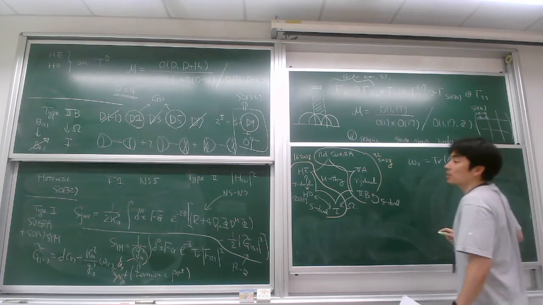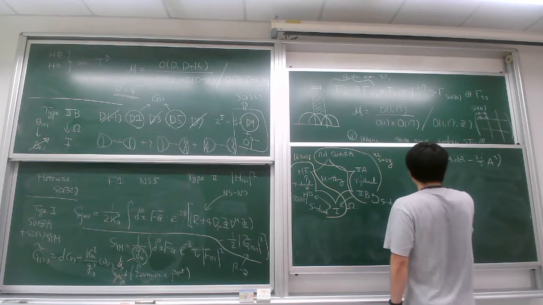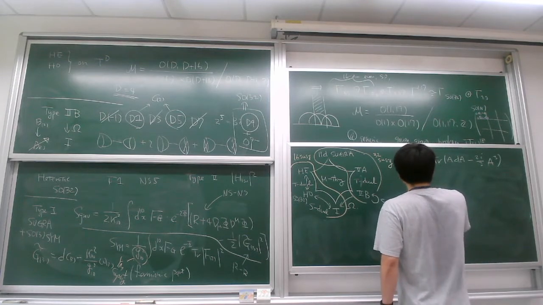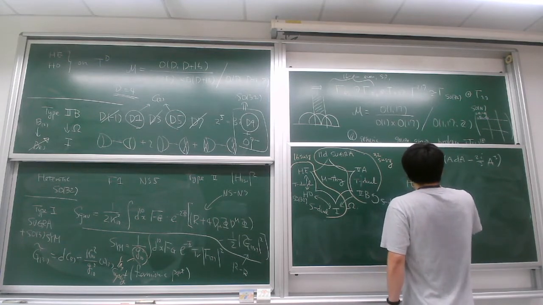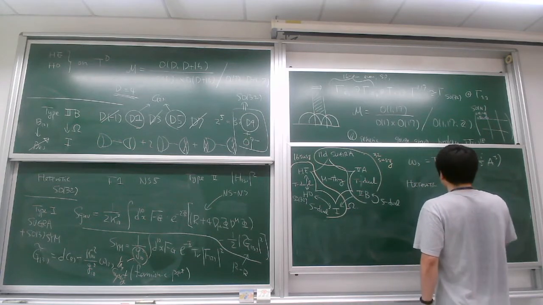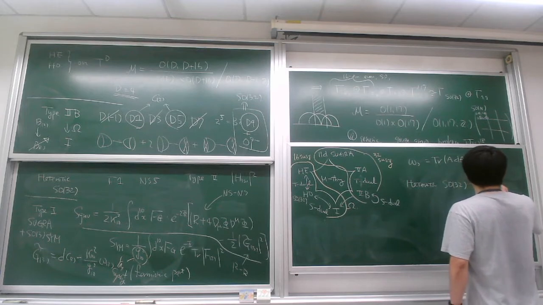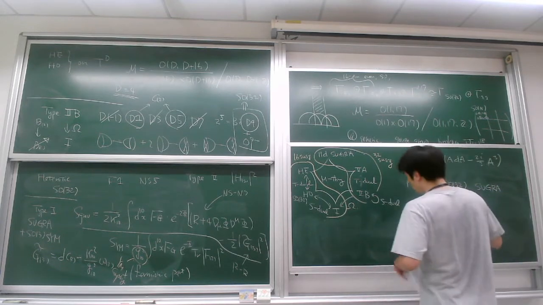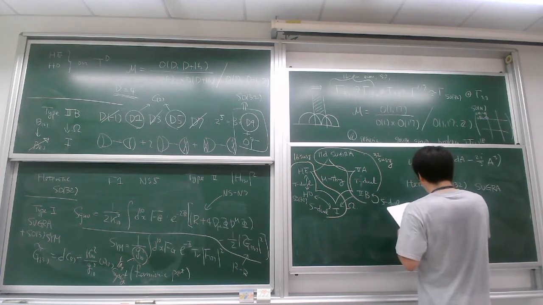And let's look at the type I supergravity and the heterotic SO(32) supergravity action. It's very similar indeed.